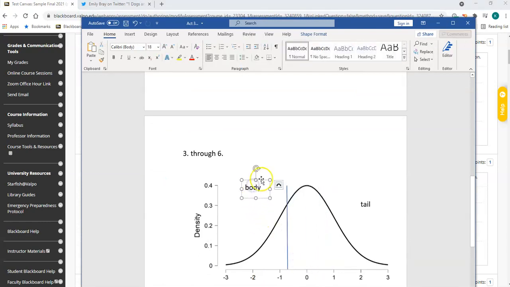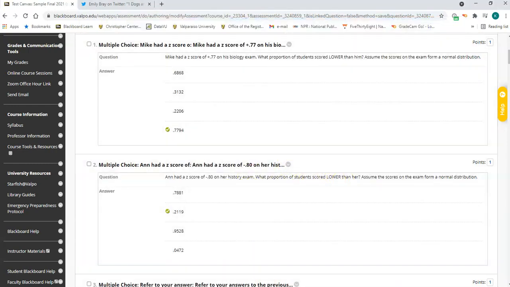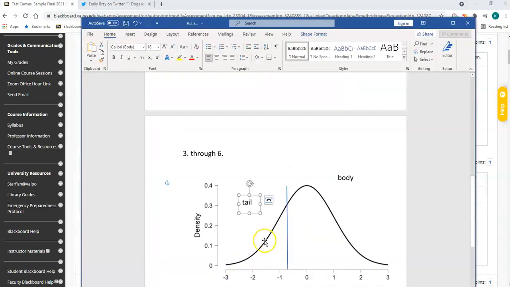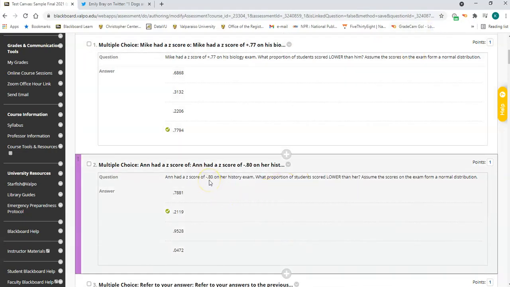And so now the body is on this side and the tail is on this side. And again, the question asks who had a lower score. So we want the tail in this case. So you're going to go look up 0.8 for the z-score. And then look up tail, and then you'll find that that is the correct number.